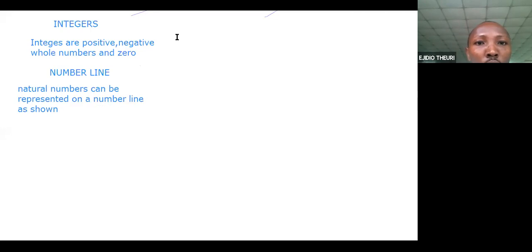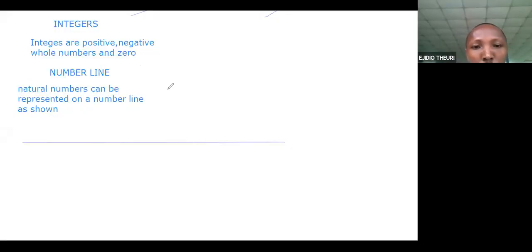So I want us to draw a number line here. My number line will be having from 0.